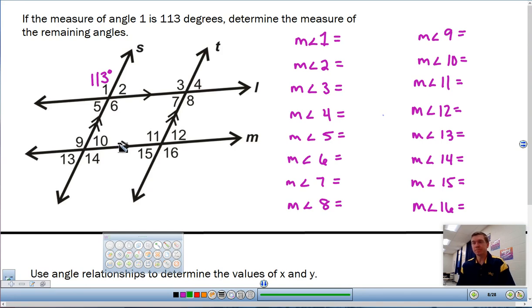Let's start with that. The relationship between angles 1 and 2, they are a linear pair. They should be supplementary. And the supplement of 113 is 67 degrees. So angle 2 is 67 degrees.